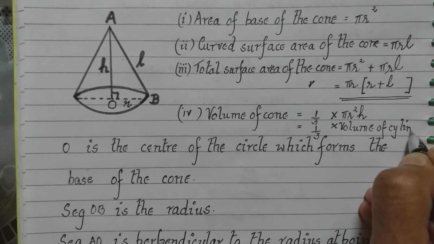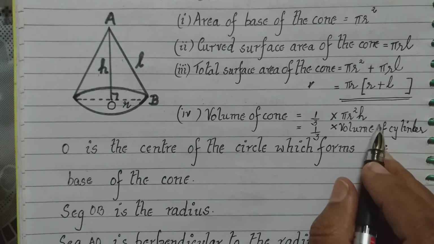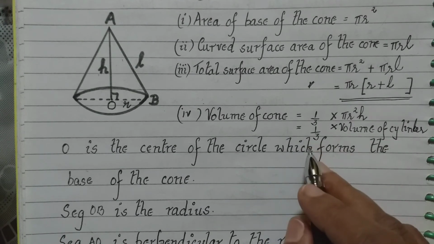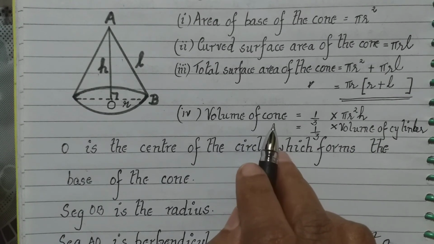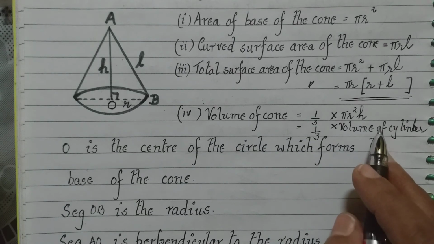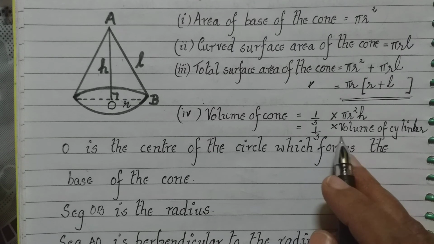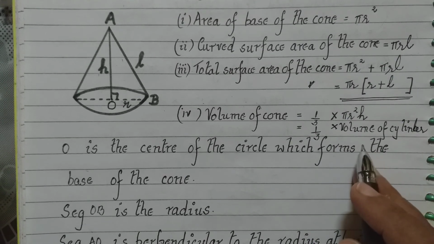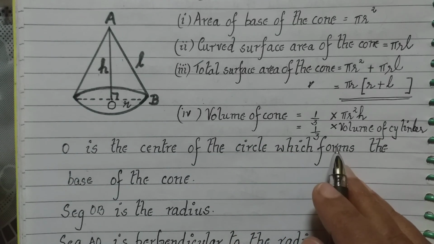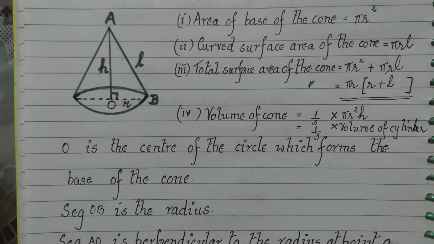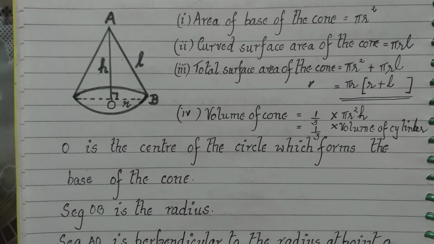So we see that the volume of a cone is a part of the volume of the cylinder. What part of it? One-third part of the volume of a cylinder. Or we can say that the volume of a cone is the volume of the cylinder divided by 3. So that is the relation between the volume of the cone and the volume of the cylinder. Now with this introduction, we go to practice set 8.2.